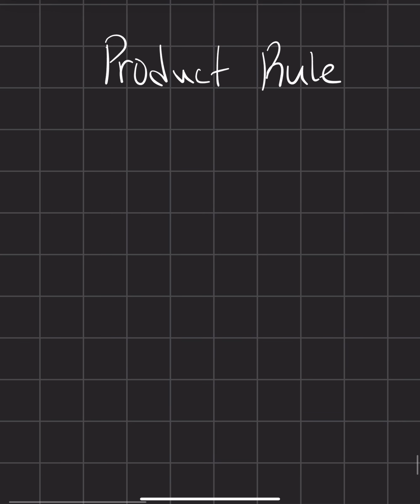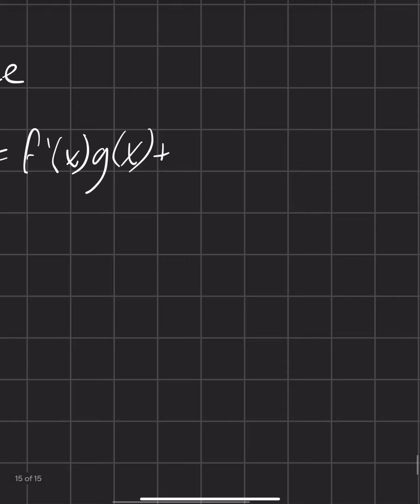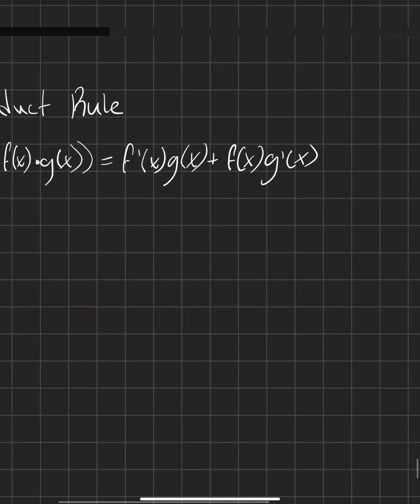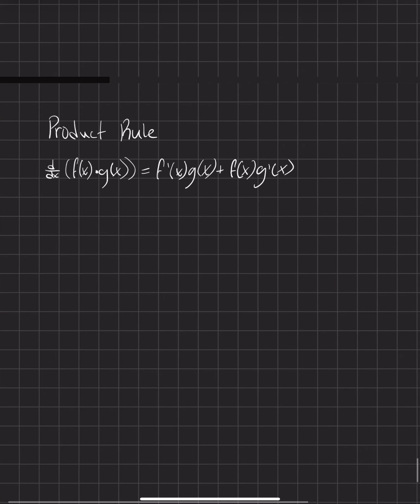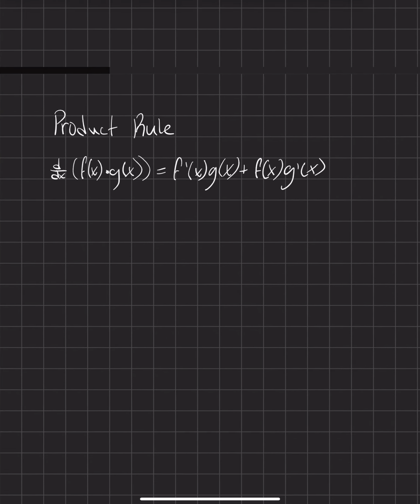The product rule then says that if we take d over dx of f of x times g of x, you're going to end up with f prime of x times g of x plus f of x times g prime of x, right? And so pretty much you just got to remember that. It's not that hard to remember. So let's get into some example problems with them.